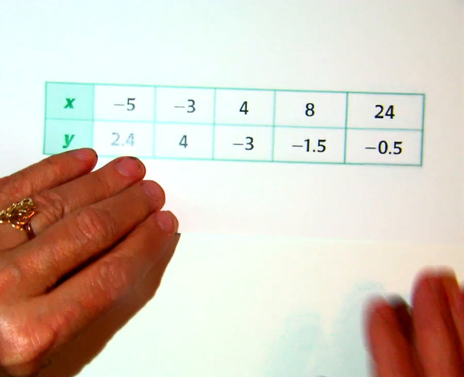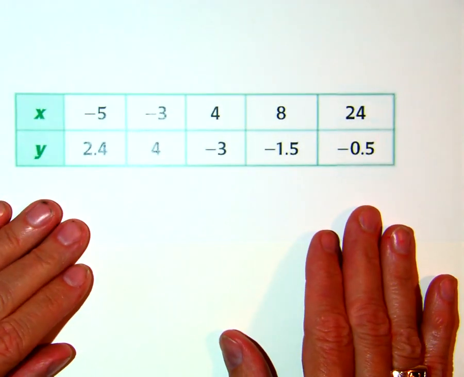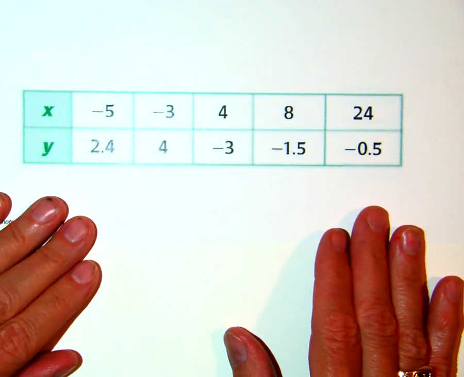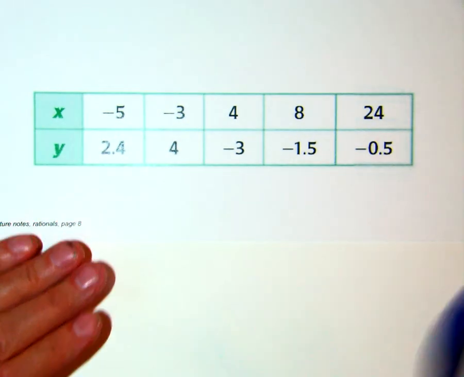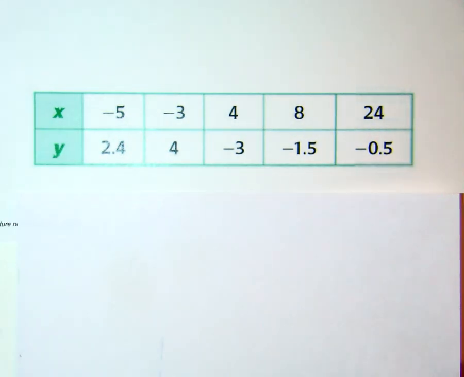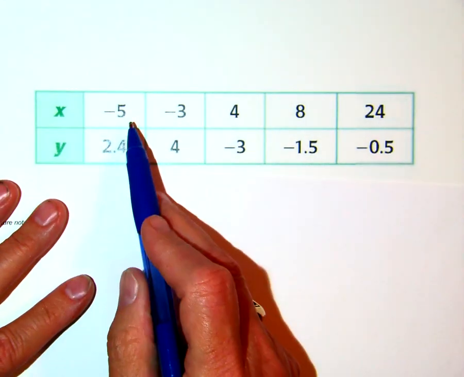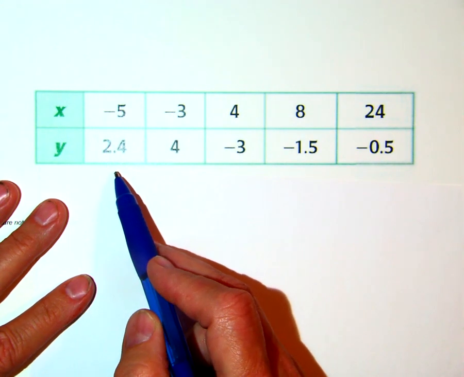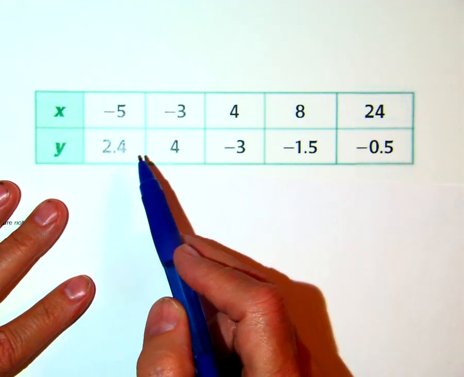So let's look here and let's see, is this a representation of inverse variation? Well, if that's the question, then all we have to do is multiply the x and multiply the y, see if you get the same thing. Well, let's try it. Negative 5 times 24. That's 12, believe it or not. Well, let's do the easy ones.